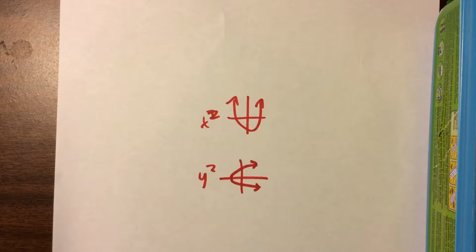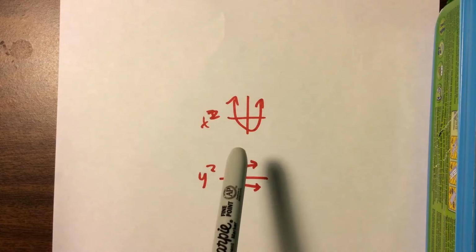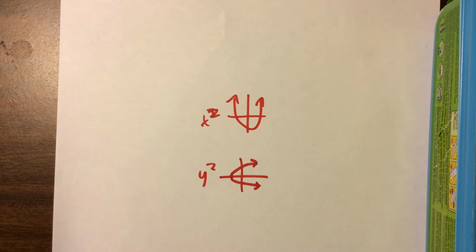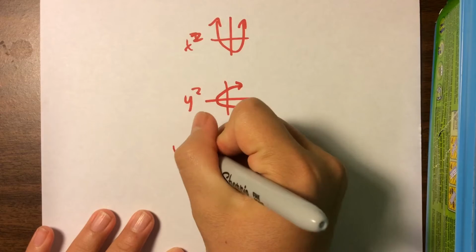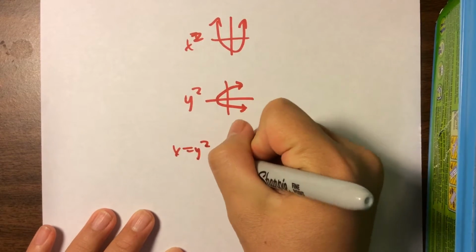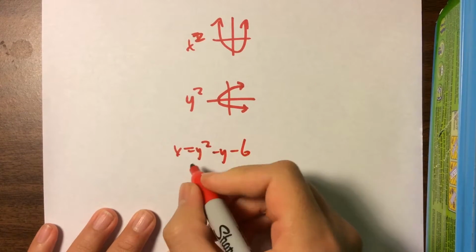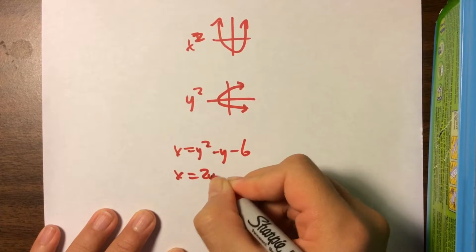Okay, so our first problem dealt with equations that were in terms of x. So that's like x squared. But what if we had something like y squared? Then all we would have to do is just solve it in terms of y. So an example problem would be x is equal to y squared minus y minus 6, and x equals 2y plus 4.